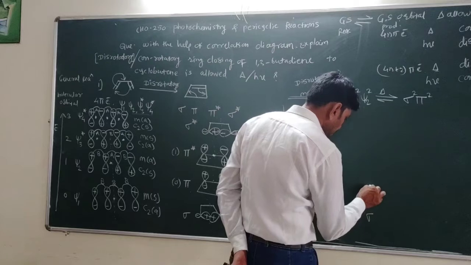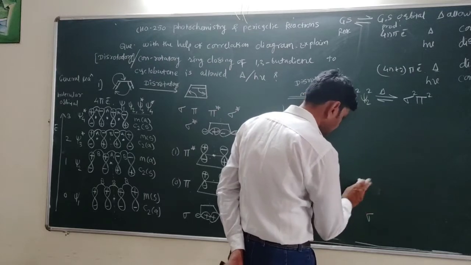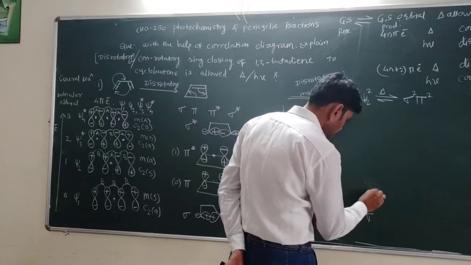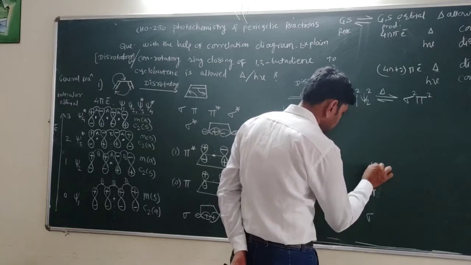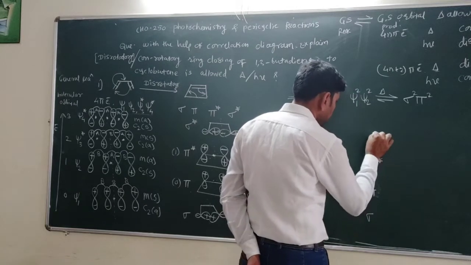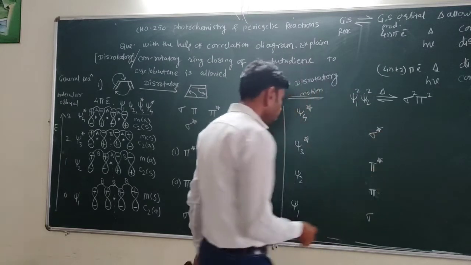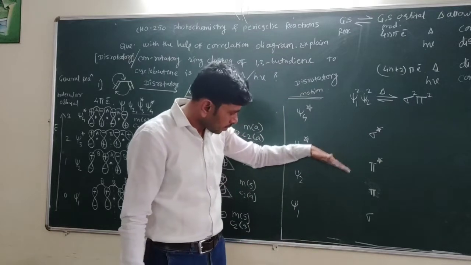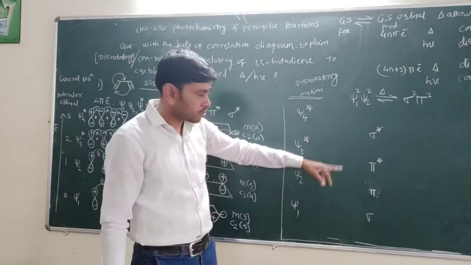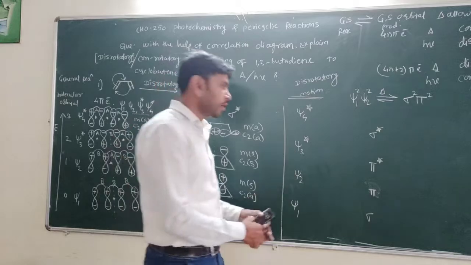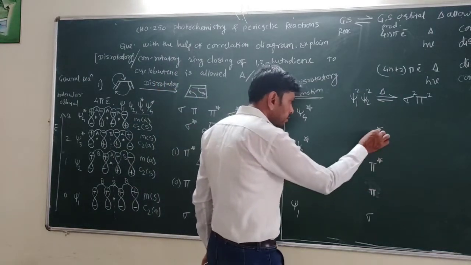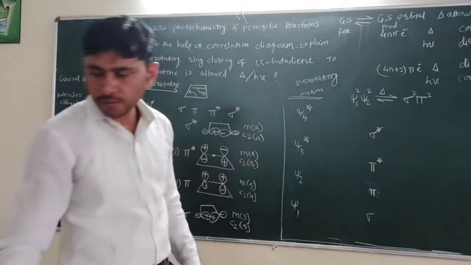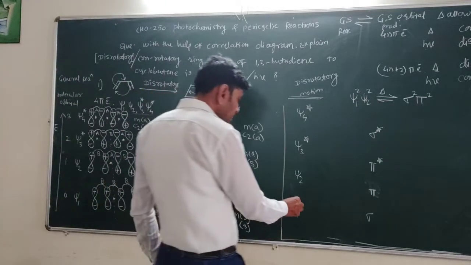Sigma, pi, pi star, sigma star. We have to draw these orbitals a little on the lower side because the product is more stable than the reactant. So we are drawing these orbitals a little lower than the reactant orbitals. Now consider the m symmetries for the reactant orbitals.